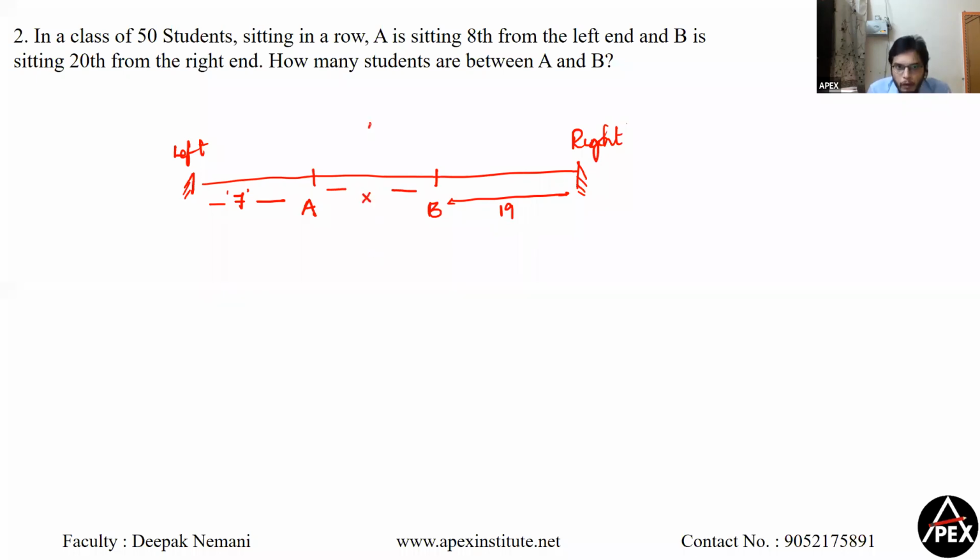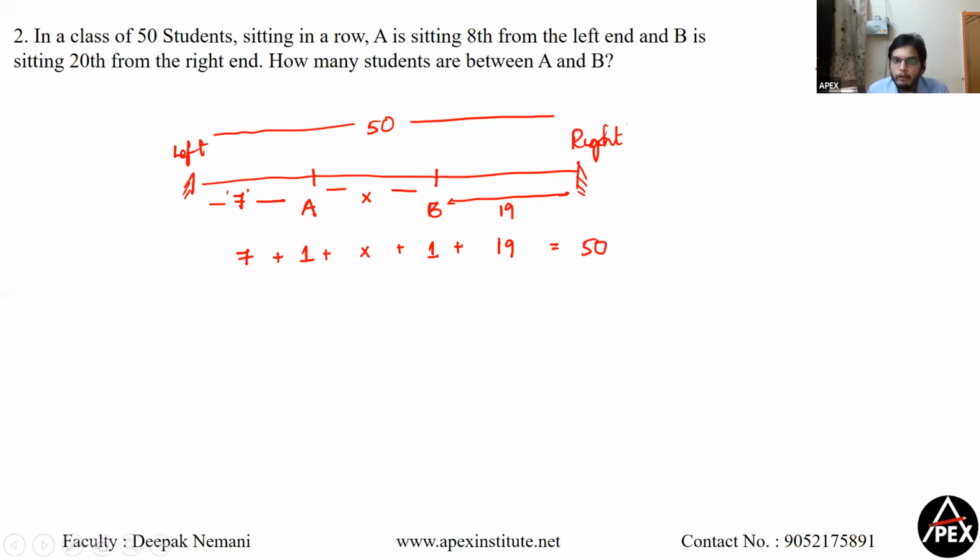Now we have total 50 students sitting in the row. So we have 7 students sitting to the left of A, plus we have A, 1 person, plus X, plus we have B, 1 person, plus the number of students sitting to the right of B, which is 19. And this should be equal to the total number of students sitting in that row, 50.